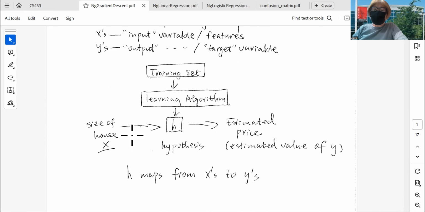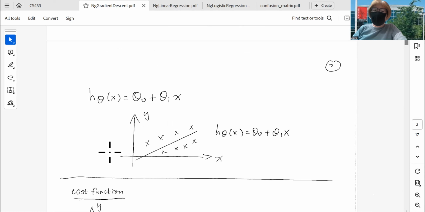So you have the input, the training set and the learning algorithm. Here the hypothesis is like the net input with the activation function. All those scattered points are samples.